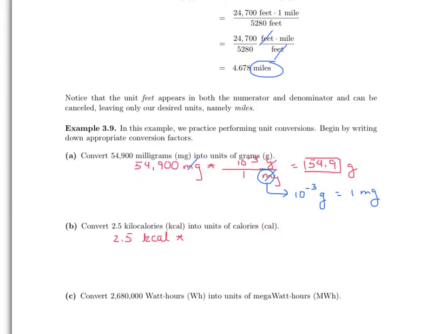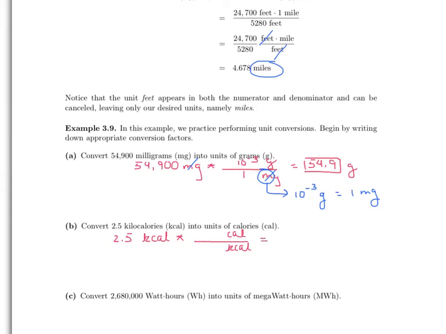So in this case, we need to multiply by a conversion factor that has calories and kilocalories. In this case, we want kilocalories in the denominator and calories in the numerator.